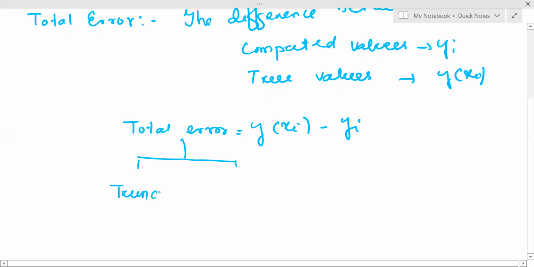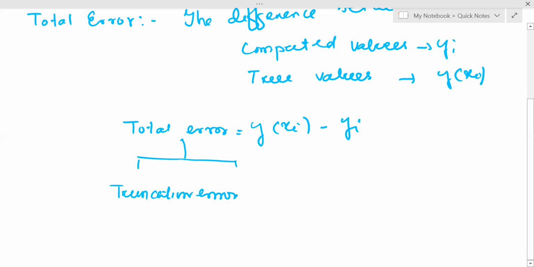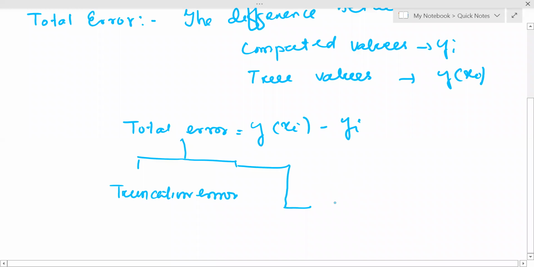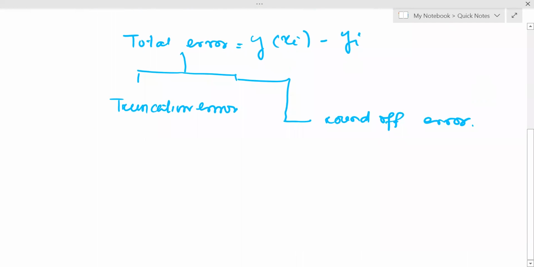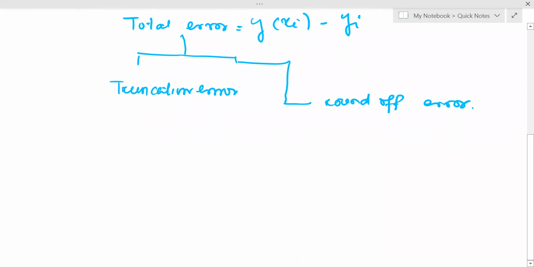One is truncation error and another is round off error. Can anyone say what is the round off error and what is the truncation error?